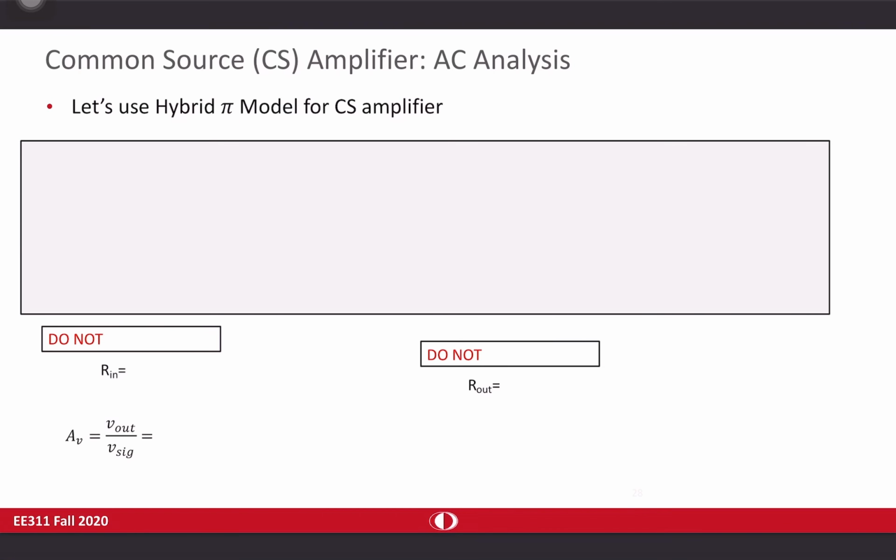What I was supposed to do for AC analysis, you can see it from the previous slides, which is: kill DC sources, short isolation and bypass caps, and replace transistor M with small signal model.